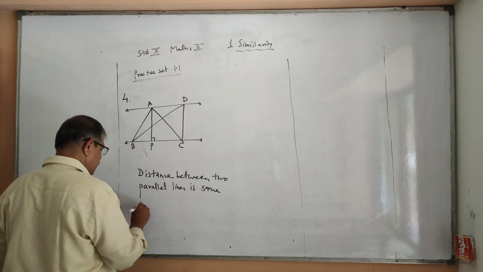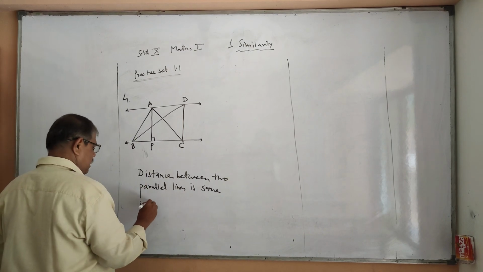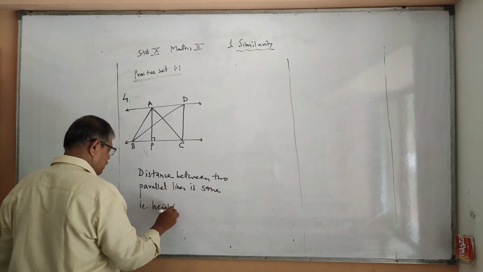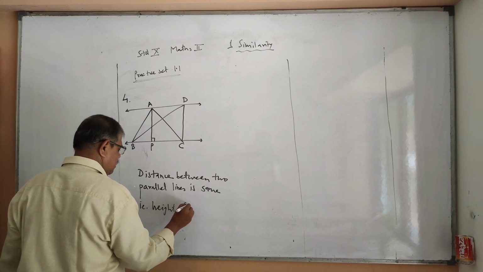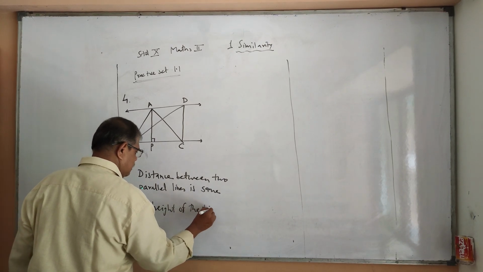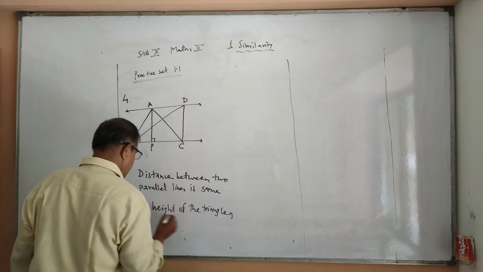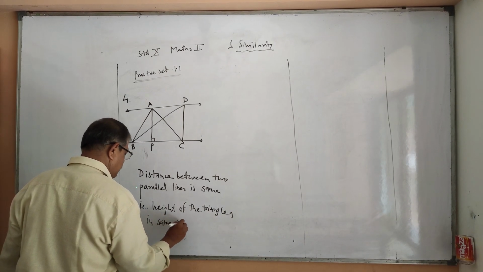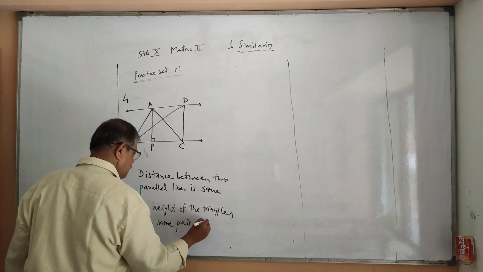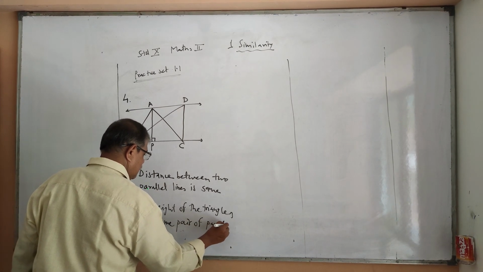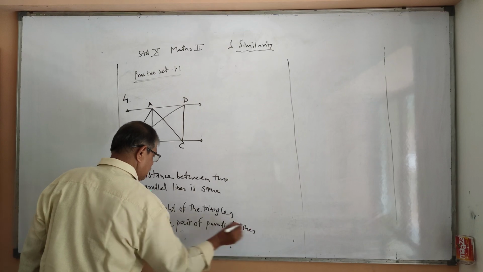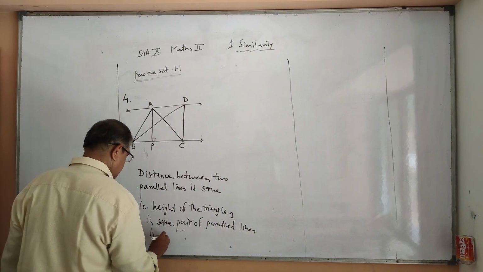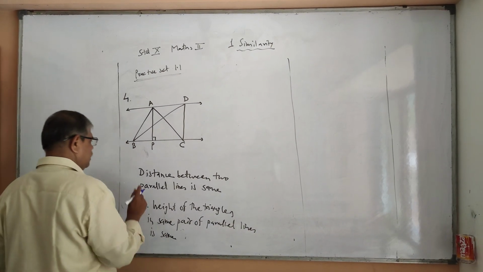That is, in our condition, we can say the height of the triangles between the same pair of parallel lines is the same.